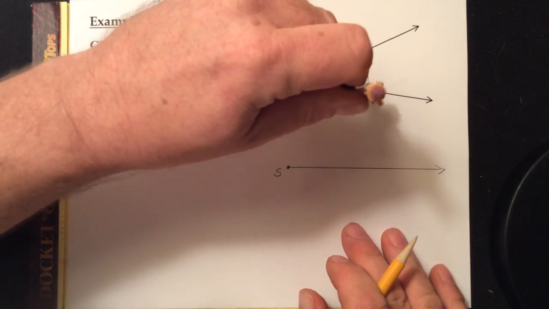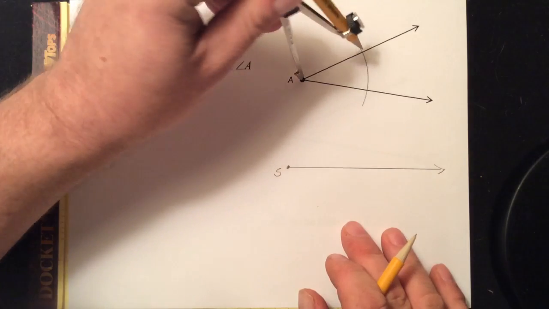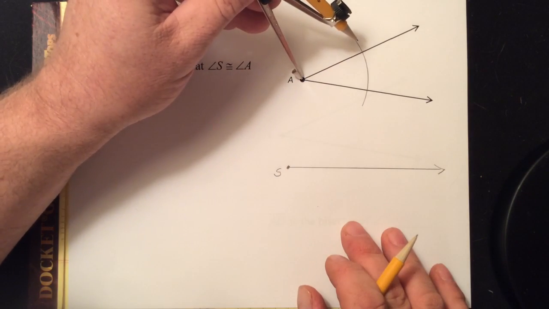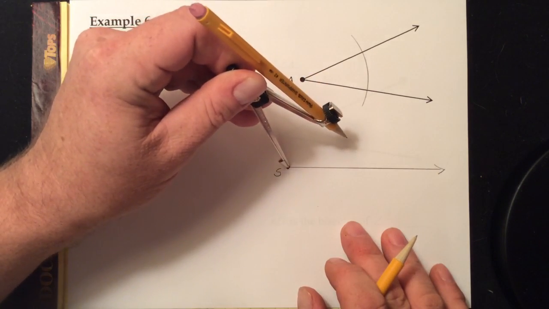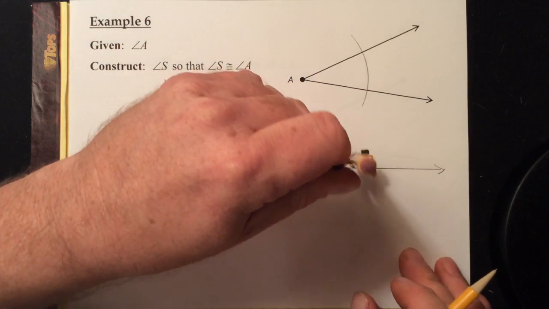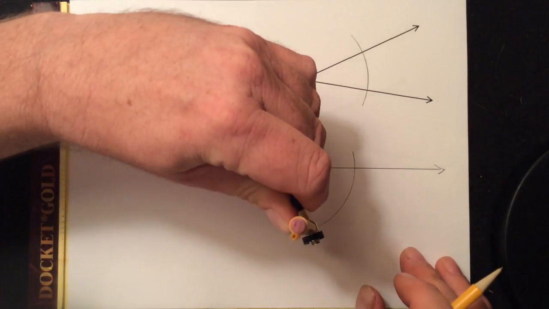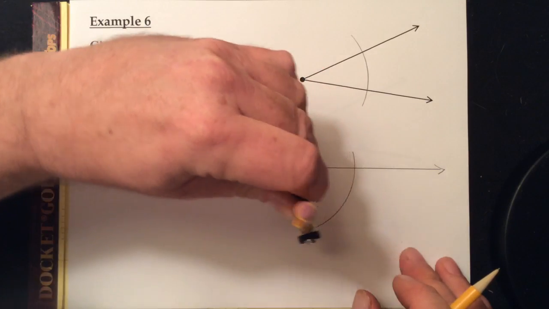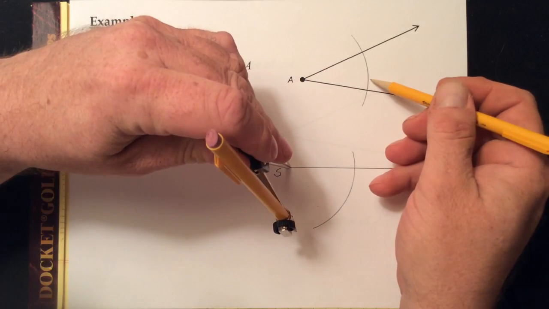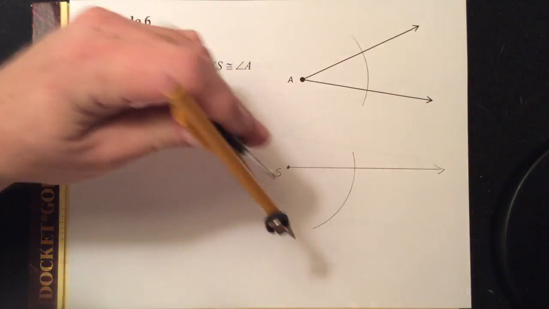Draw an arc through the original angle. Keep that setting, bring the point over to point S, and draw another arc going through that ray, making it just as long or longer than the first arc that you drew.